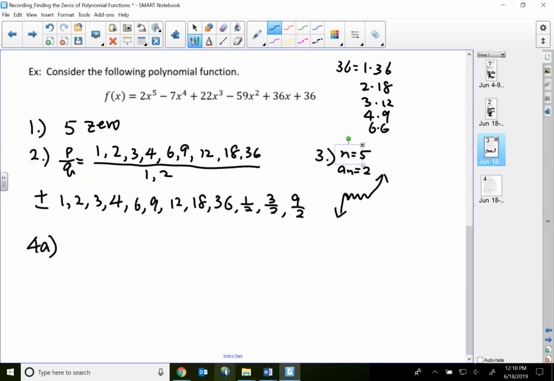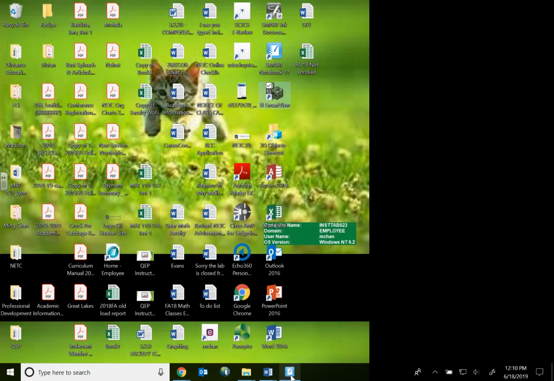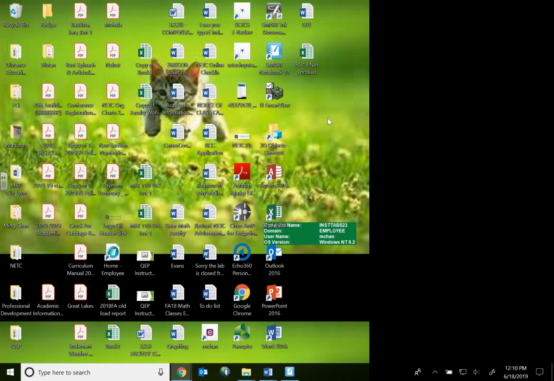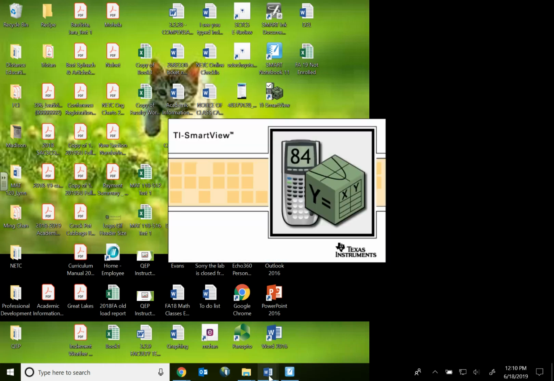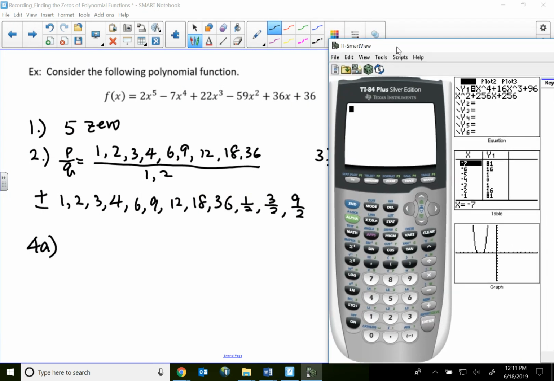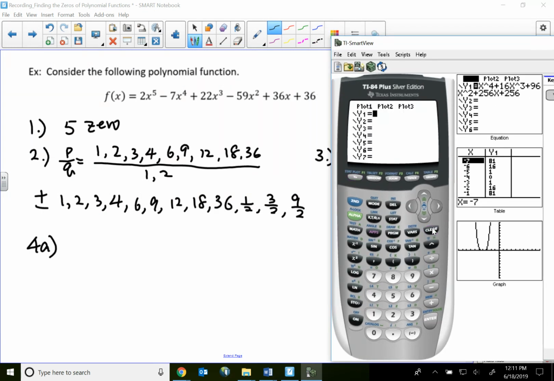So let me turn on my calculator real quick. x to the 5th, 7x to the 4th, 20x to the 3rd.